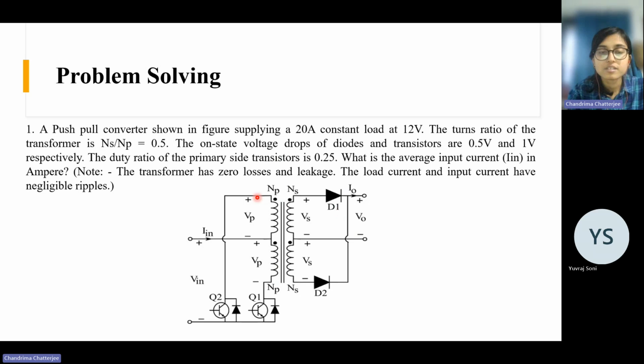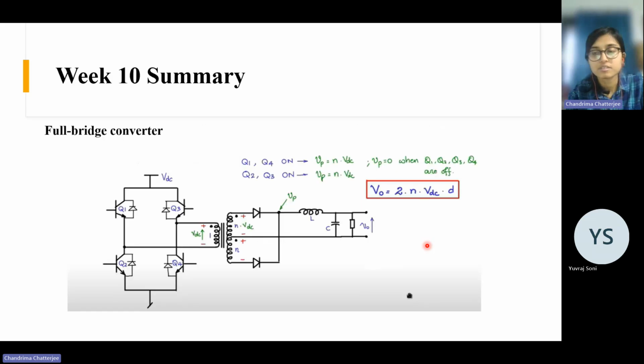Now we shall start the problems, the numericals. Before that, if you have any question, you can ask.